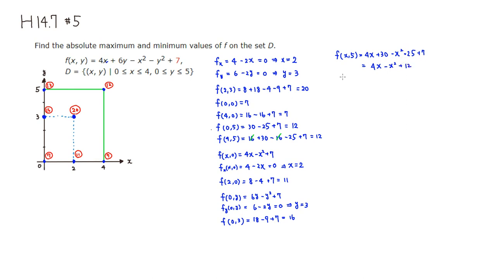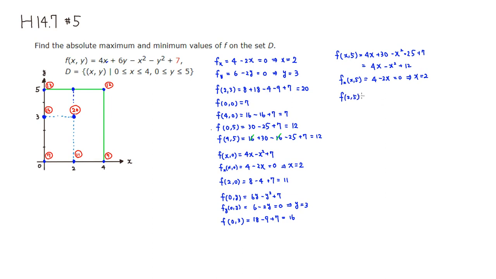If you take the derivative there with respect to x, you're going to get 4 minus 2x. Set that equal to 0, and you can see that x is equal to 2. You have a critical number, x equals 2, which is here. So all we have to do is find f of 2 comma 5.